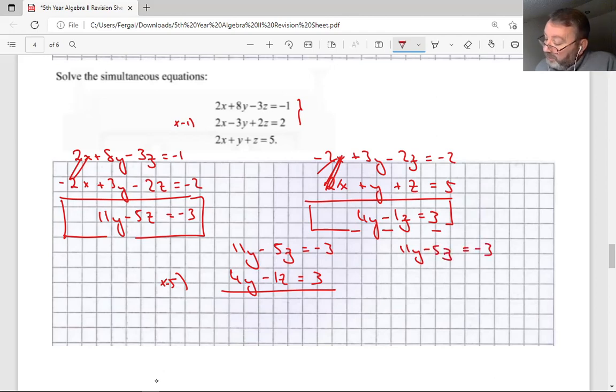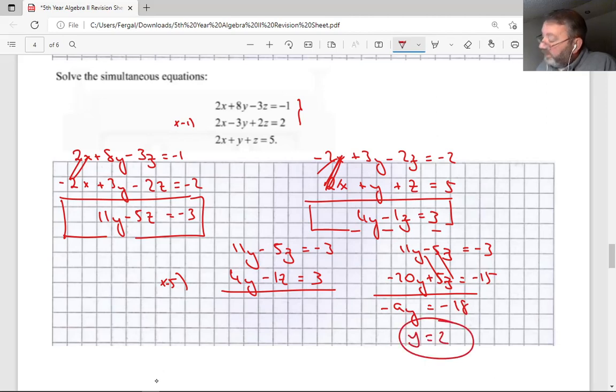Now multiply the bottom line by minus 5. So minus 20y plus 5z is equal to minus 15. And now your z's are gone. And you have minus 20 plus 11, which is minus 9y. And that's equal to minus 3 minus 15, which is minus 18. So y is 2. Lovely.